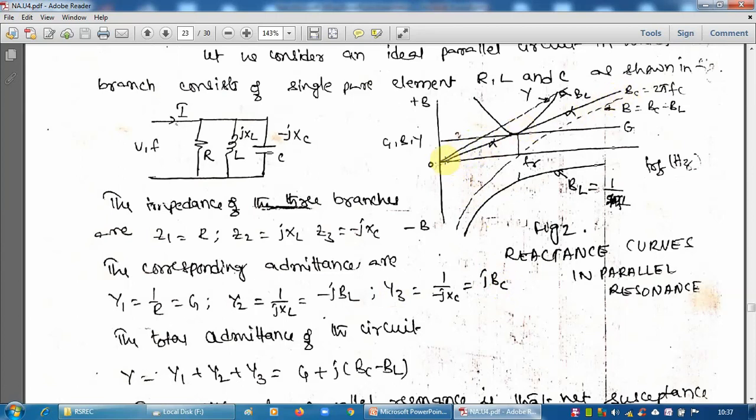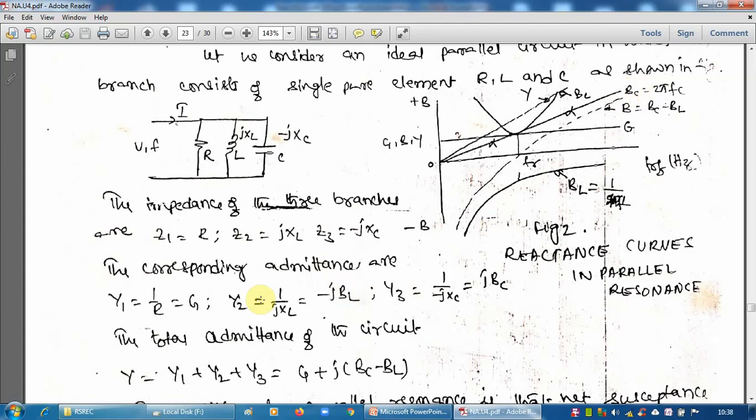Note that this capacitive value in the series circuit will be in this region. Here it is reciprocal, therefore against that. Here it varies linearly with the frequency. This is BC.